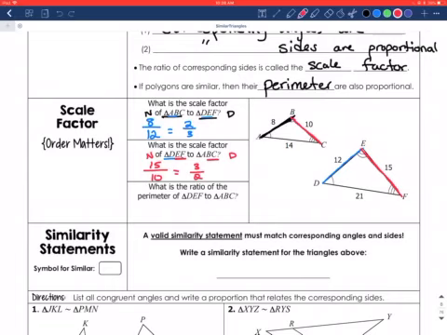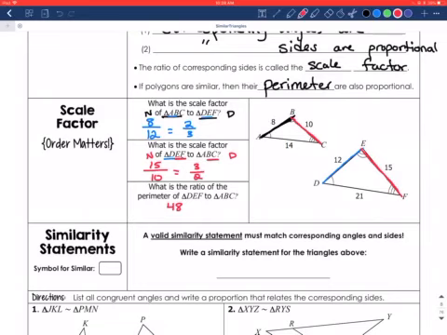And then we talk about the ratio of the perimeter of DEF to the perimeter of ABC. So the perimeter of DEF would be 12 plus 15 would be 27, plus 21 would be 48. Nope, 48. Yeah, there we go, 48.